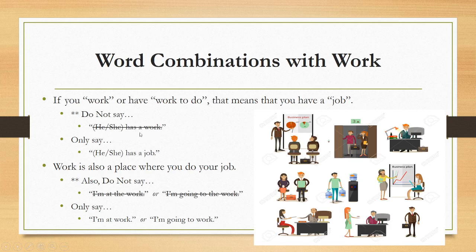You can say he or she has a job. If you want to use work, you can say he or she is working, he or she works. But if you want to use the word has or have, you have to say he or she has a job. They have a job. I have a job.